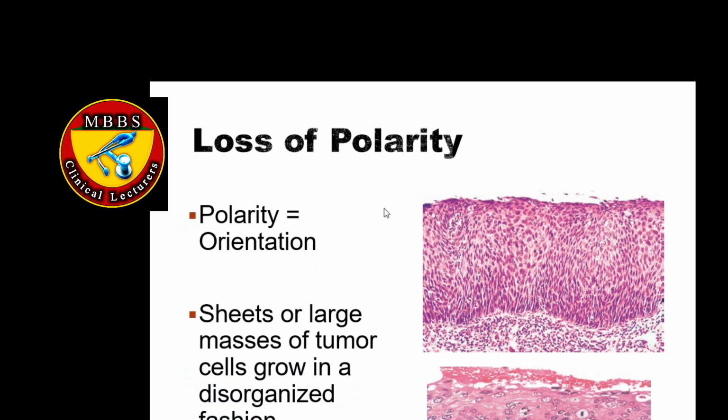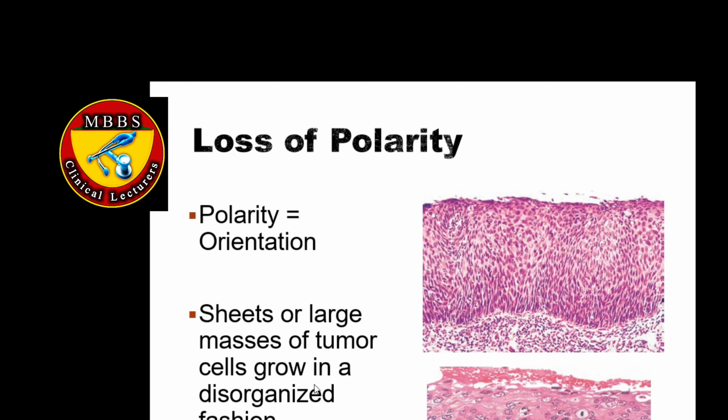Loss of polarity, as I just explained to you, polarity is orientation, that is, all these squamous lining epithelium or any other epithelium have a particular orientation. But when it is a tumor, these cells lose their orientation. They do not form layers and multiple layering, or they do not resemble their normal counterparts.